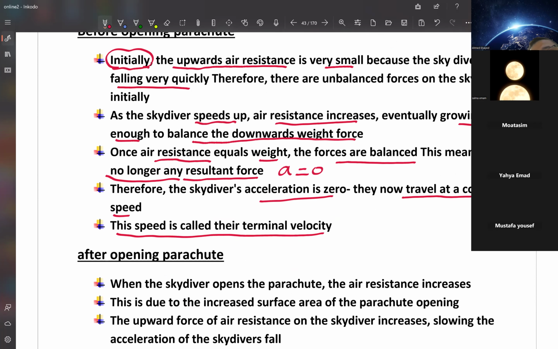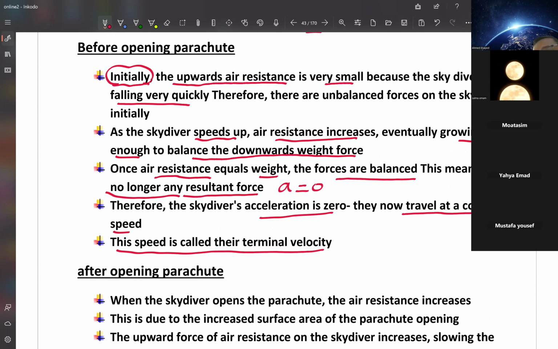You have to memorize all of this in terms of forces. So we start with force equal to weight, acceleration equals g. As speed increases, air resistance force increases, so resultant force decreases, so acceleration decreases.